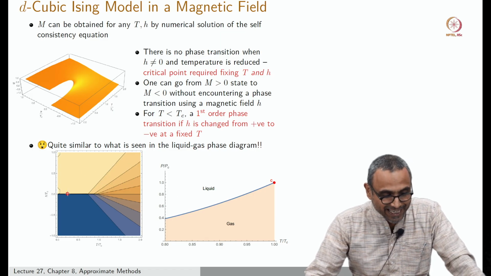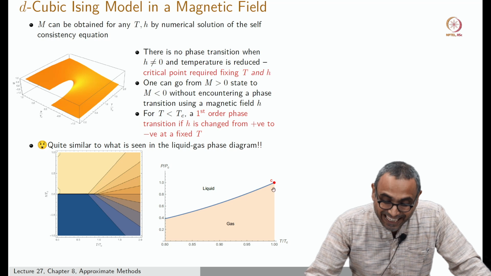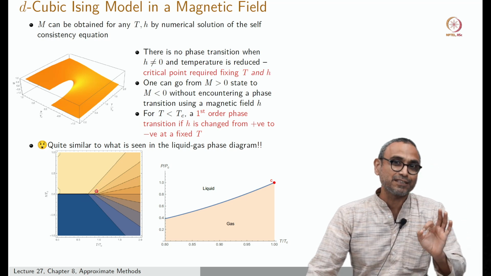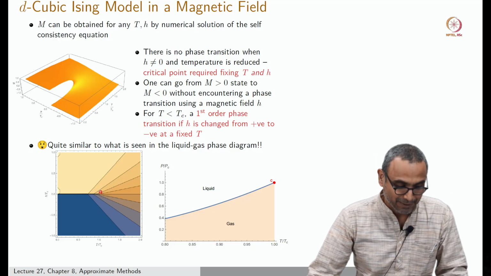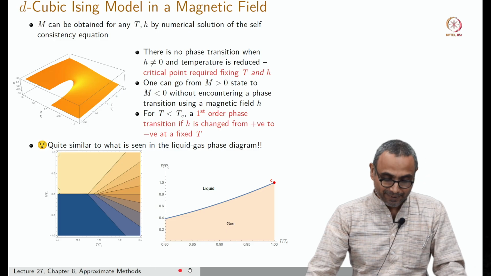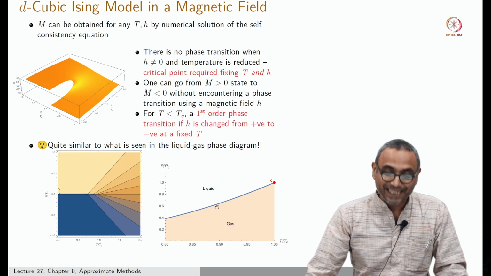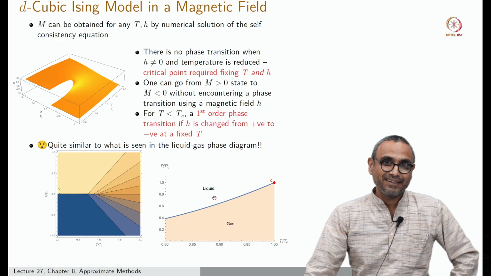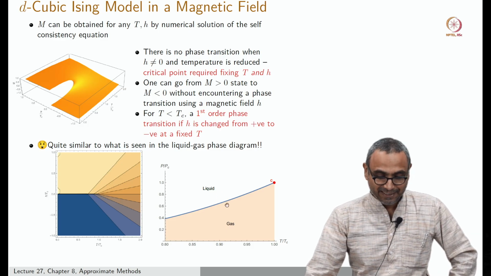You see, there is a line of first order transitions, and it ends in a critical point. Exactly here, the line of first order transition ends in the critical point. You have magnetization up here and down here. You have one kind of density here, low density here, and high density there, and you can see that it is very similar.